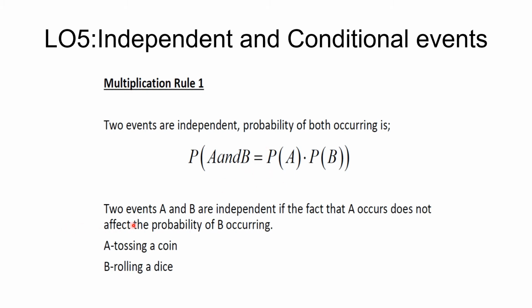Two events A and B are independent if the fact that A occurs does not affect the probability of B occurring. For example, event A, tossing a coin, and event B, rolling a dice. These two events don't depend on each other, they are independent, right? So for the probability calculation, you can apply multiplication rule 1.